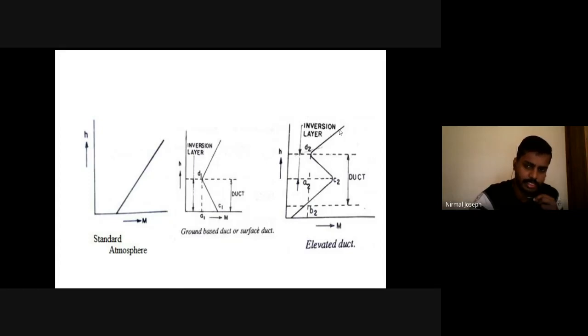What does that mean? That means between points B2 and D2, the medium is denser, or this is a cold region. And above that, normally we are expecting a colder region, but this region is a hot region. So it is called an inversion layer.